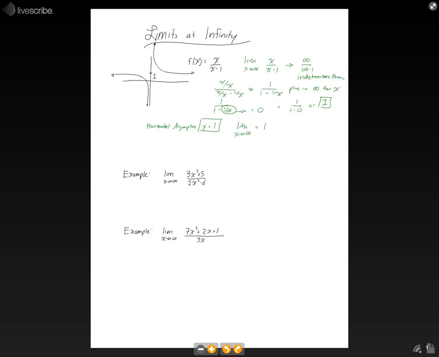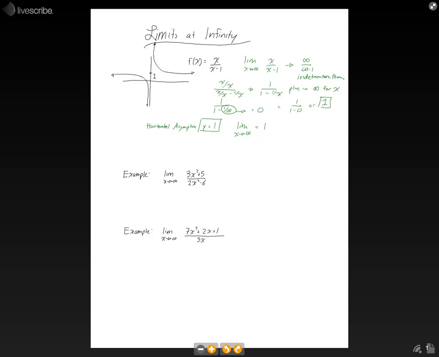Now, let's take a look at some examples to figure out what happens when we do not have an indeterminate form. So, in the first function here, we're taking the limit as x approaches infinity of 3x squared plus 5 over 2x squared minus 6.